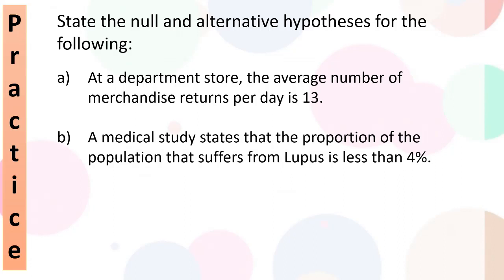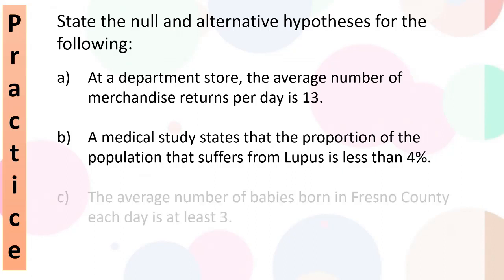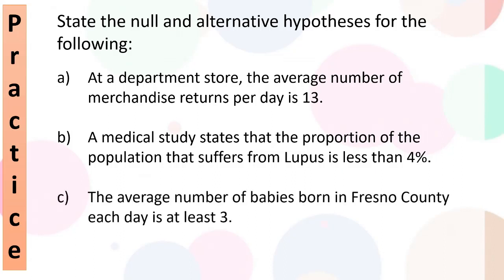A medical study states that the proportion of the population that suffers from lupus is less than 4%, and the average number of babies born in Fresno County each day is at least 3. So give those a shot, try to figure out the null and alternative hypotheses, pause the video, and when you're ready to find out what the answers are, press play.